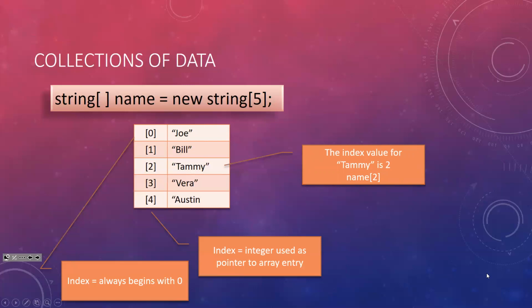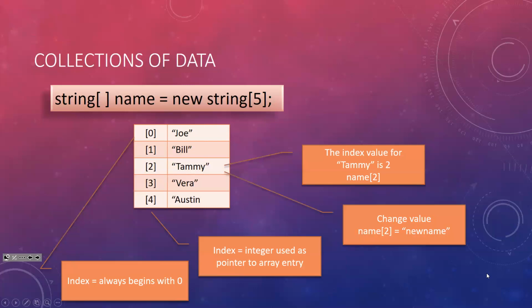So name square brackets 2 would be this index location 2 of our array that has that value, Tammy. So just like a variable, no different. It's just that we have to put the square brackets with the index location to indicate the pointer within our array that we're working with.